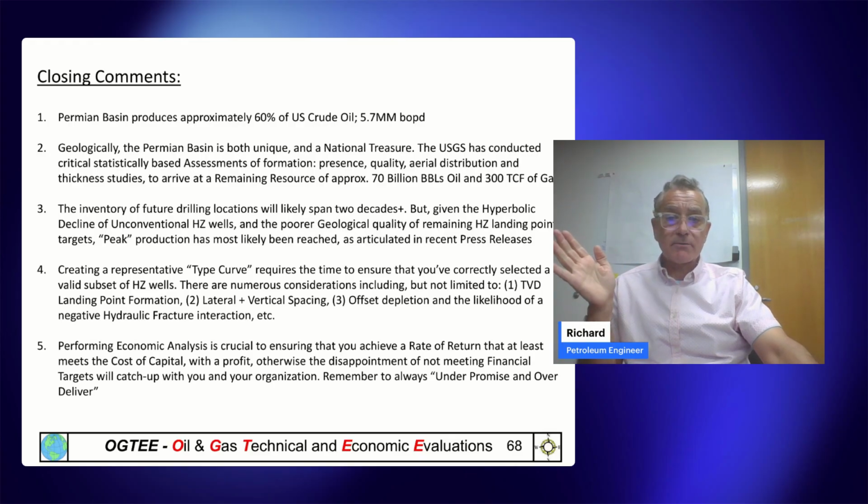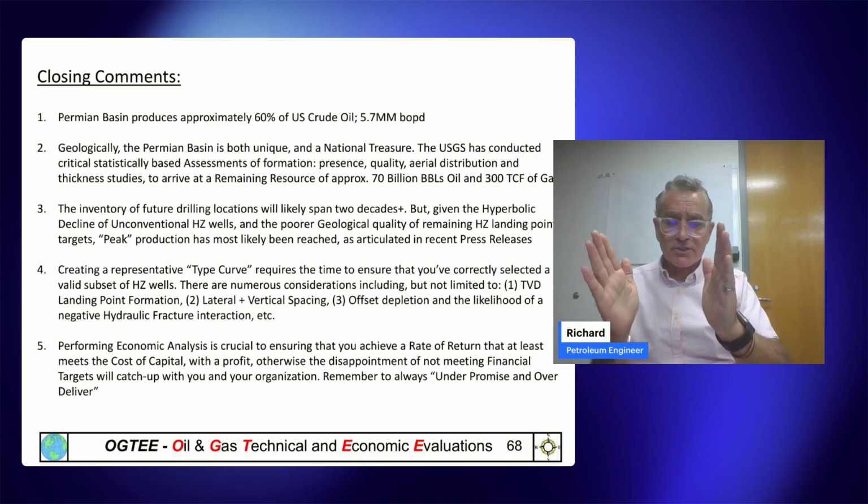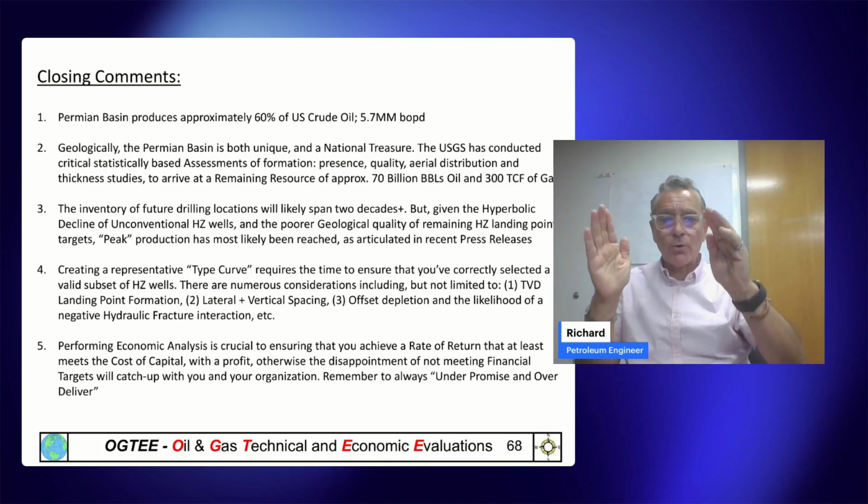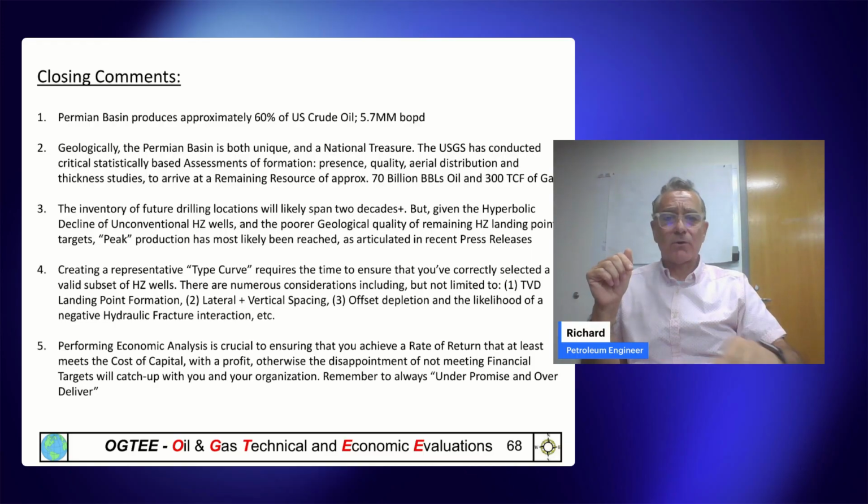There are numerous considerations, including but not limited to TVD landing points, lateral and vertical spacings, offset depletion, and the likelihood of a negative hydraulic fracture interaction, etc. Those things all occurred in that little 100 square mile postage stamp that I looked at, and I only looked at one out of 6 landing horizons that were actually performed.